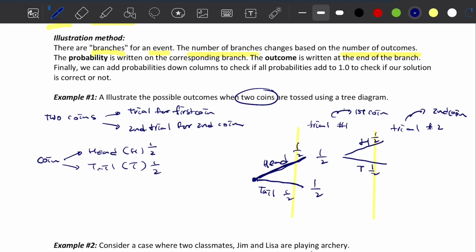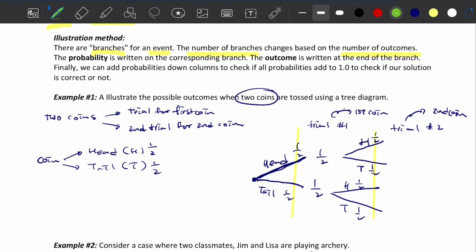Same thing for the case where we have a tail first: we will have a head and a tail as outcomes for the second trial, each with a 1/2 chance.